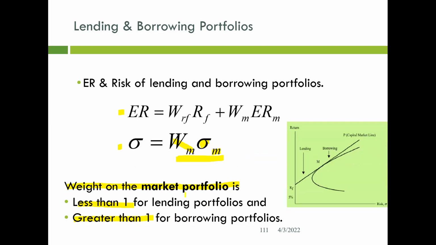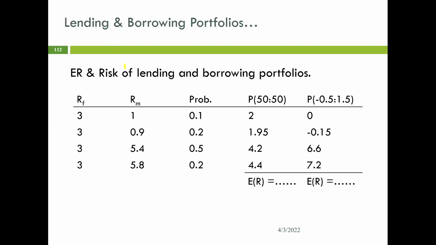So I will put an example here. Now look at this expected return and risk of a lending and borrowing portfolio. Assume the risk-free rate is 3%. The market return is given for different probabilities. You know that the risk-free rate is constant irrespective of what happens in the market. That's why we call it risk-free. So that is 3%.